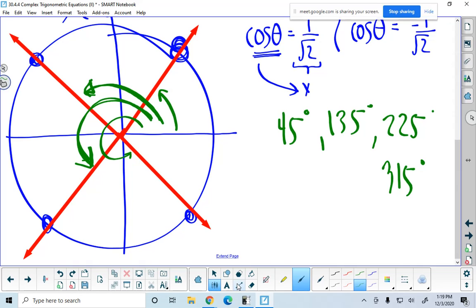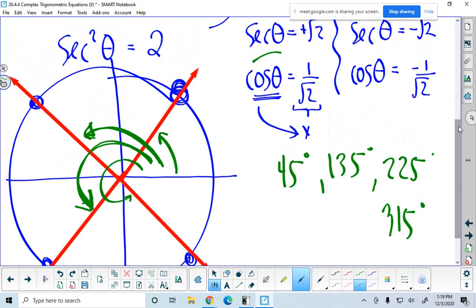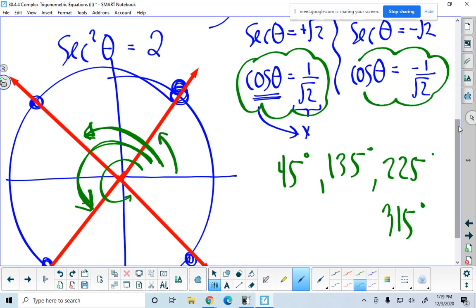Now, let's just imagine that you wanted to do a reference angle approach. I want you to notice that if you use your calculator to find a reference angle here, or here, you're going to get the same reference angle.